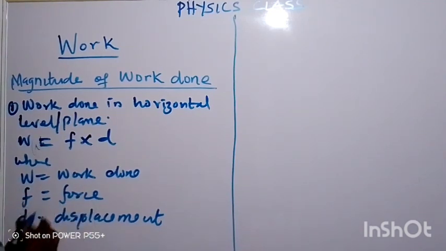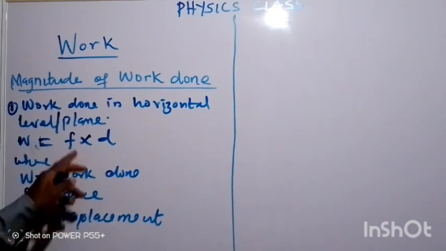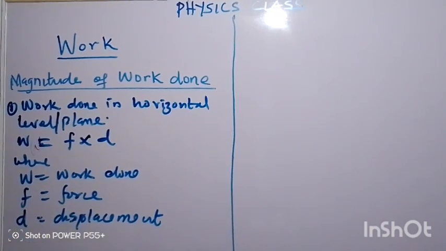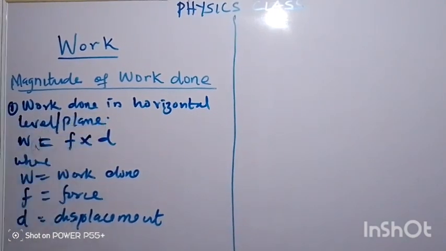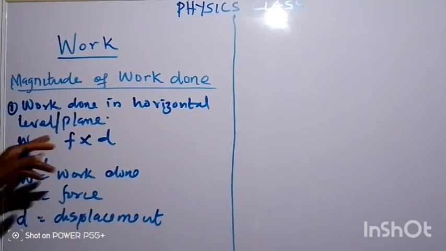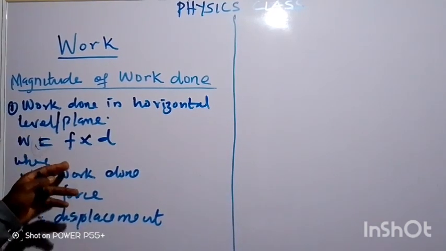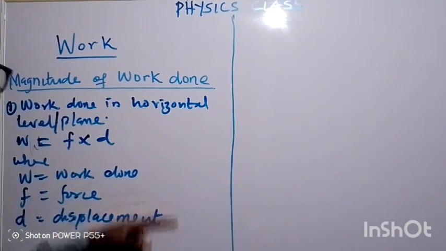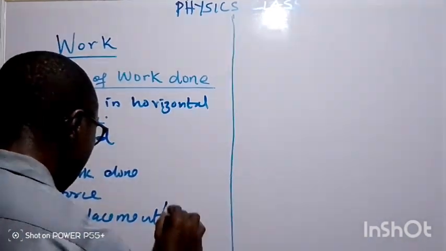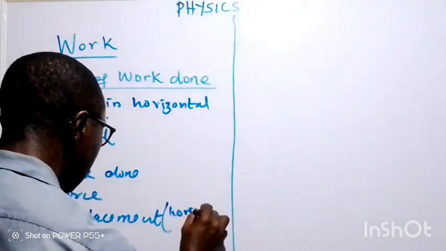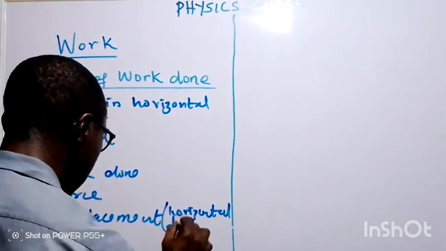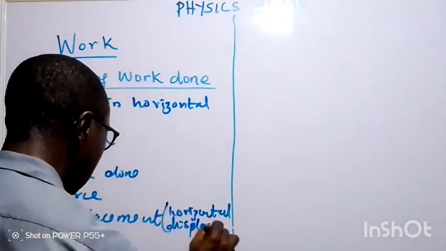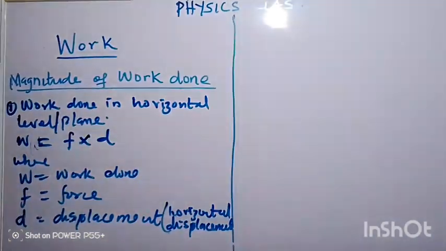So work done in a horizontal plane is equal to force multiplied by distance or displacement. And mind you, this displacement is not vertical or perpendicular, it is horizontal displacement.